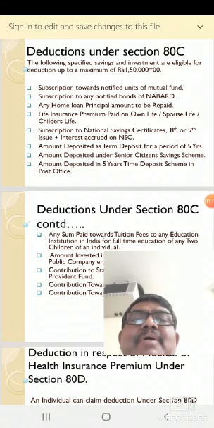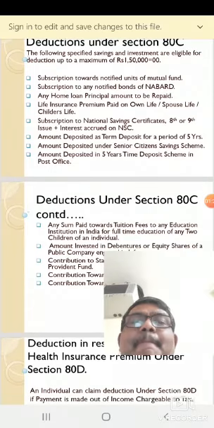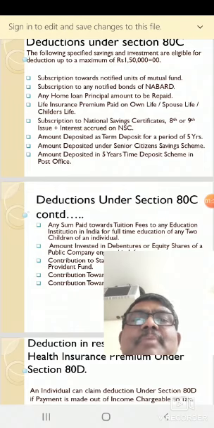It is meant for allowing deduction for specified savings and investment, and the following specified savings and investment are eligible for deduction under section 80C, and I am going into details now. Number 1, subscription towards notified units of mutual fund. Further, subscription to any notified bonds of NABARD.